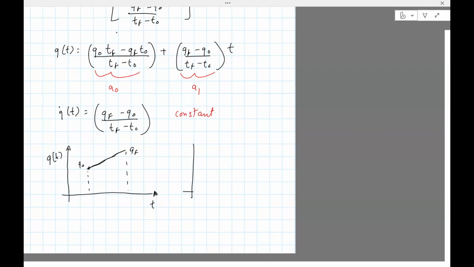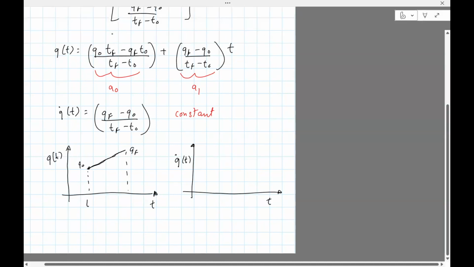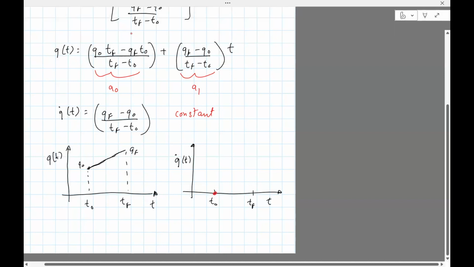But if you look at the velocity, Q dot of t is a function of time. Let's say T0 and TF, same thing here, T0 and TF. So what's going to happen is, initially, since I'm beginning the motion, the velocity is going to be 0.